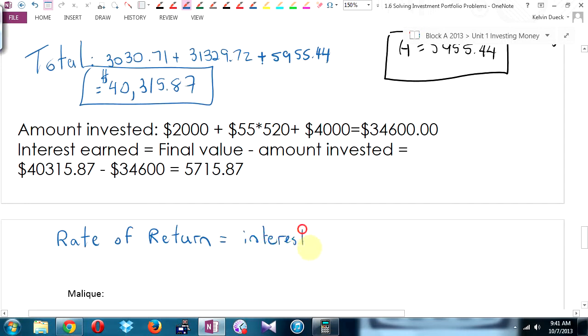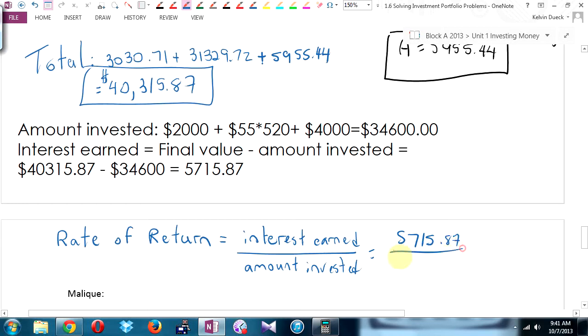Interest earned divided by, what's the interest earned? $5,715.87. What was the amount invested? $34,600 times 100.